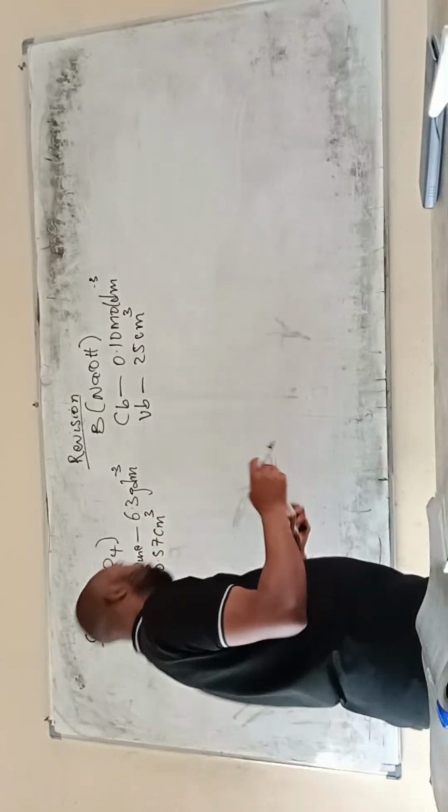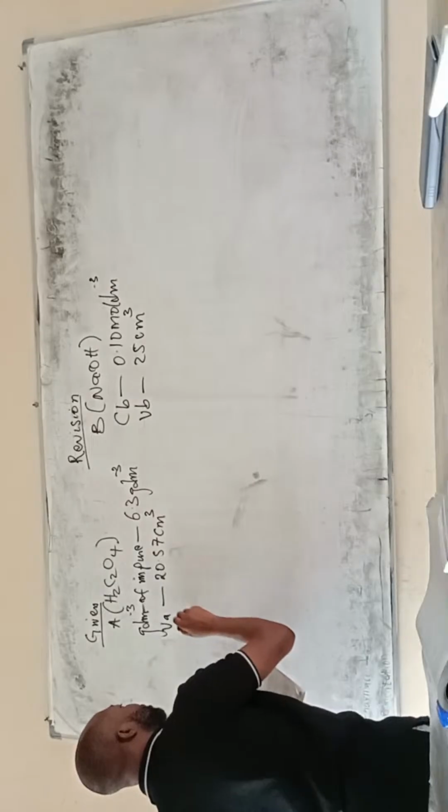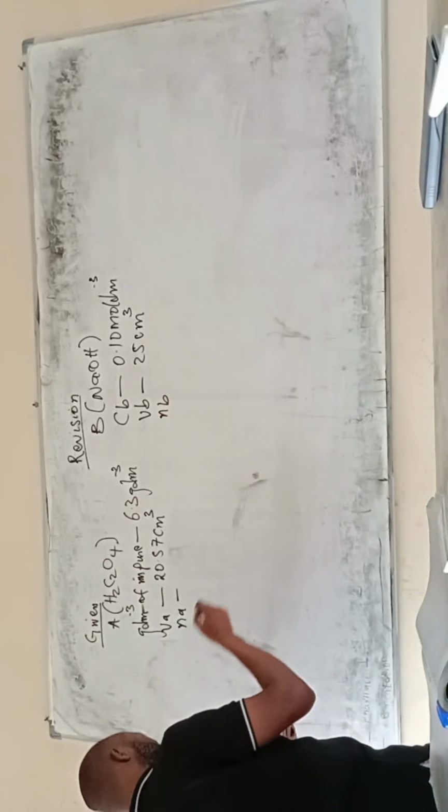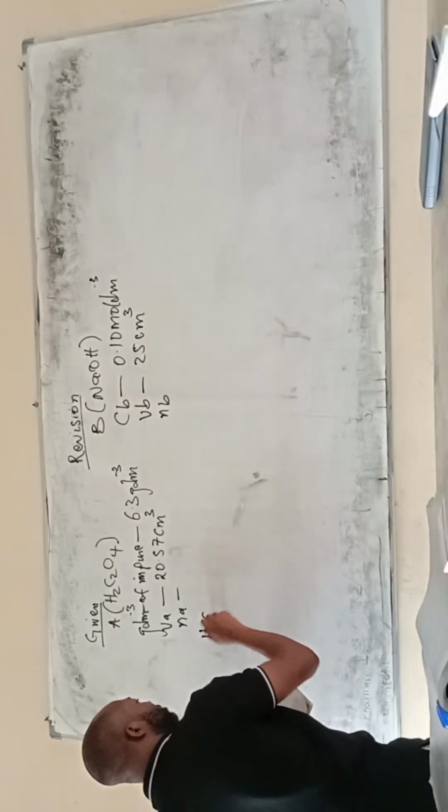And the equation of reaction has been given. So from there, we're going to get our NA, NB. So I'll write it out.